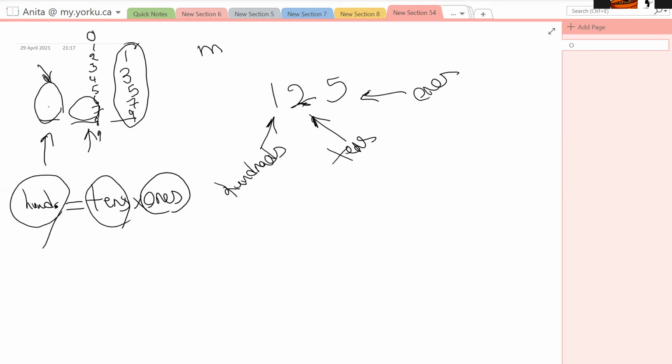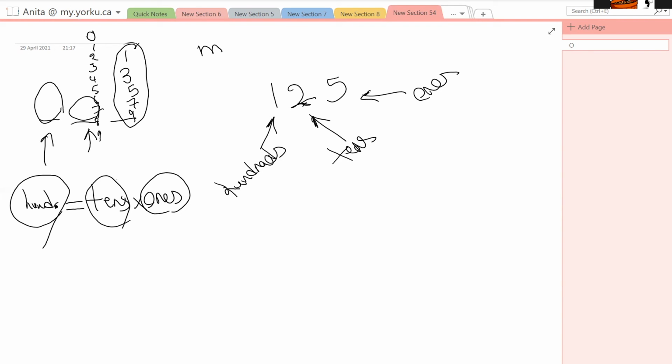Let's give it an example. What number can hundreds become? The tens times ones will be the hundreds. Can tens possibly be 0?